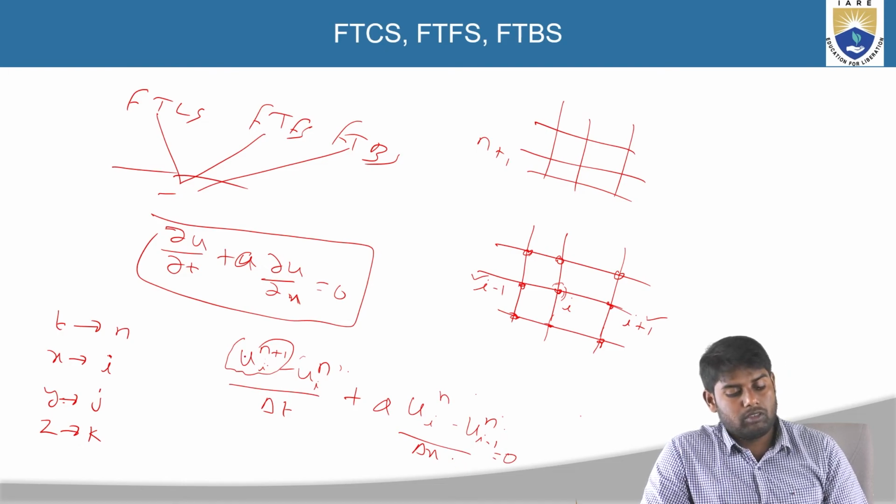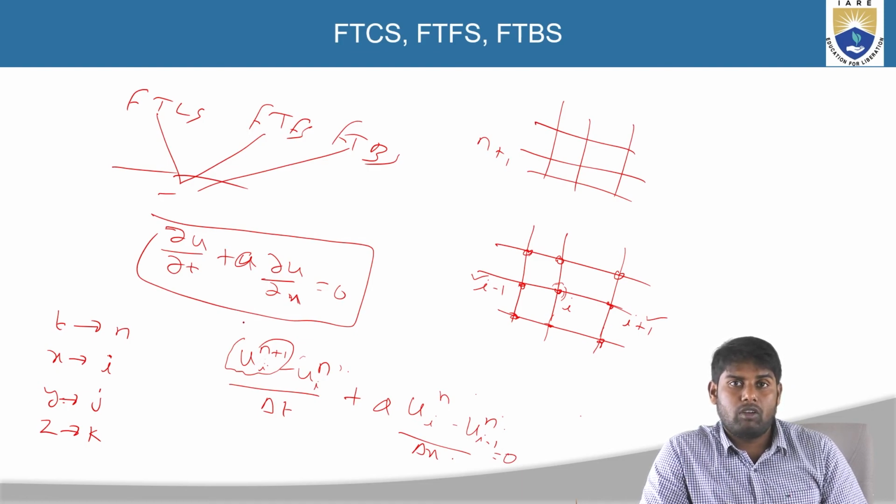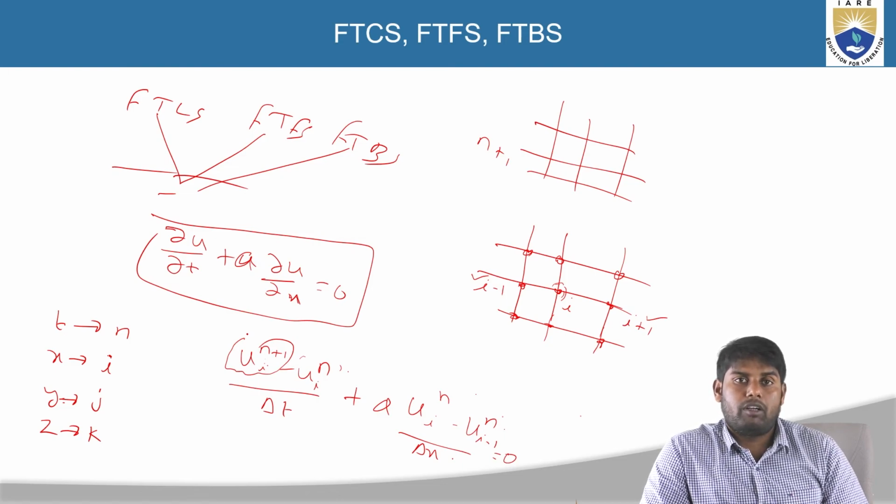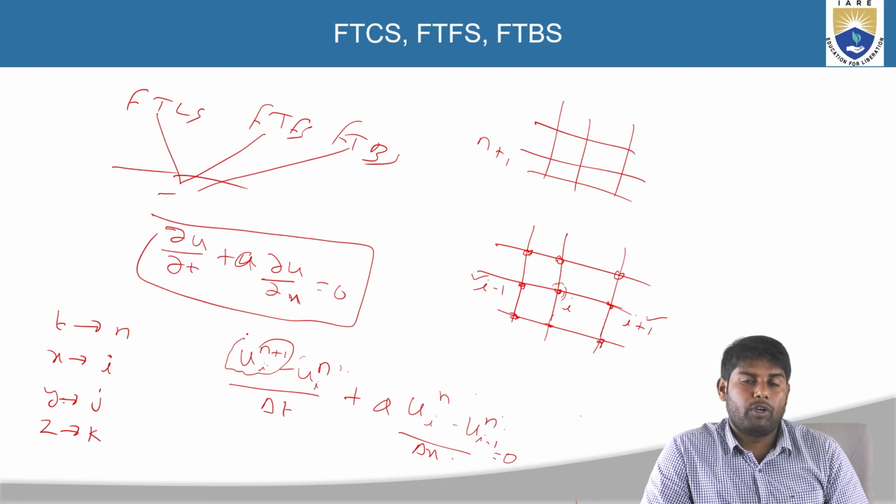These three, FTCS, FTFS, FTBS, solve the numerical procedure in different manners, but whatever the manner, we should be able to get the values of fluid properties in a stable manner, the solution should converge, and the scheme should be consistent.